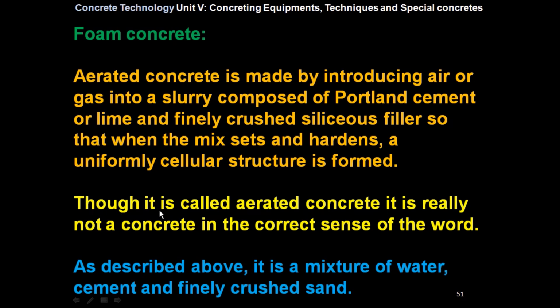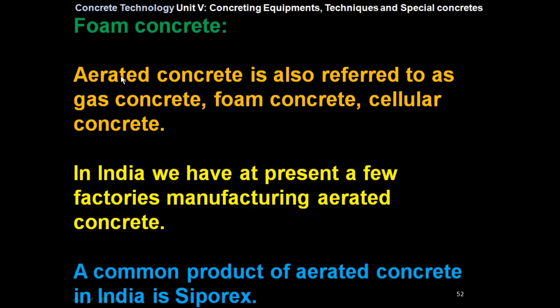Though it is called aerated concrete, it is really not a concrete in the correct sense of the word. As described above, it is a mixture of water, cement and finely crushed sand. Aerated concrete is also referred to as gas concrete, foam concrete, cellular concrete.